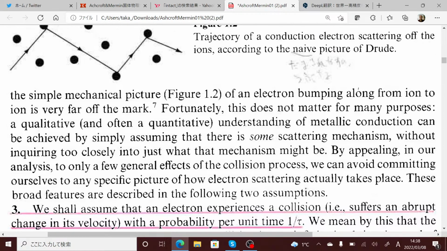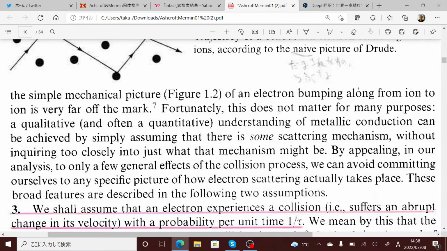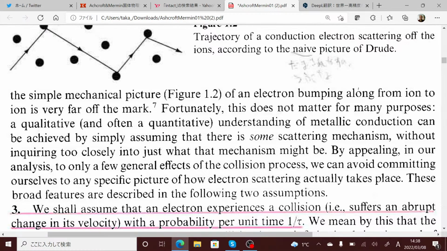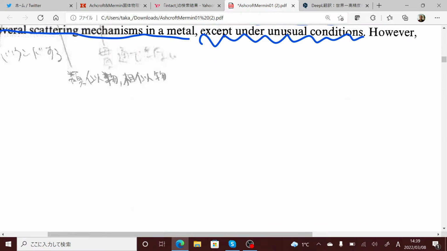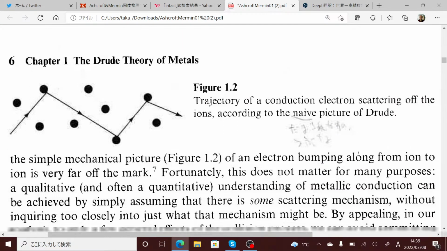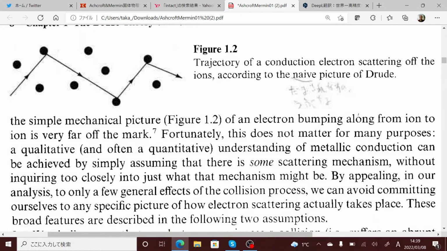Where are we now? Here. The simple mechanical picture of an electron bumping along from ion to ion is very far off the mark. However, fortunately, this does not matter for many purposes.